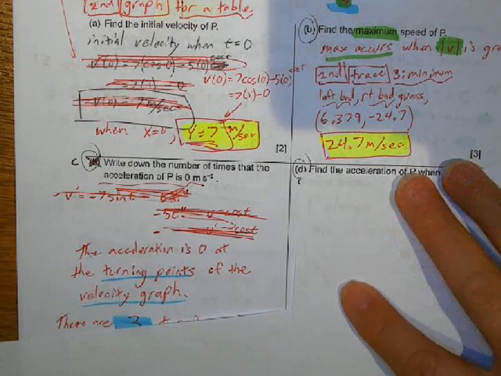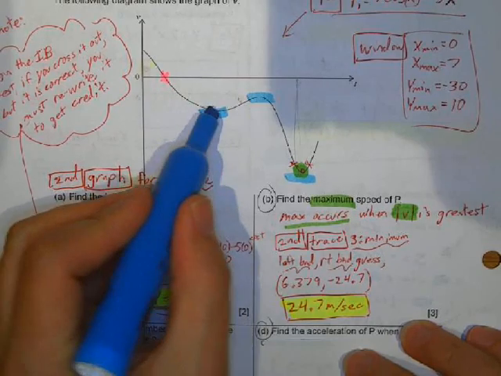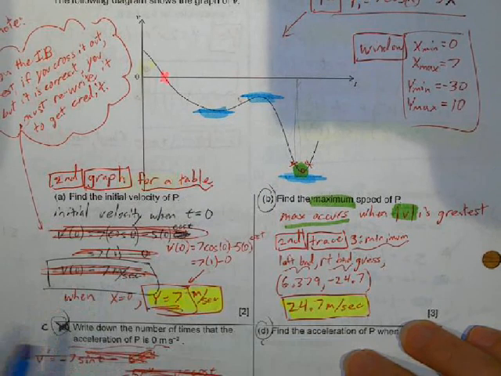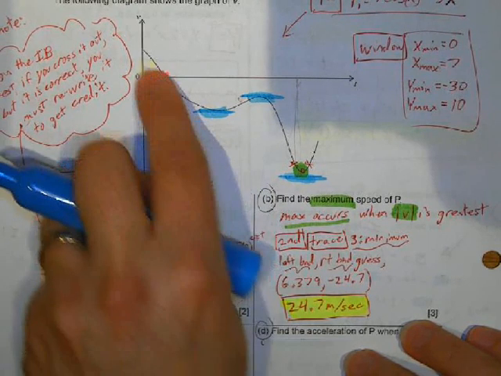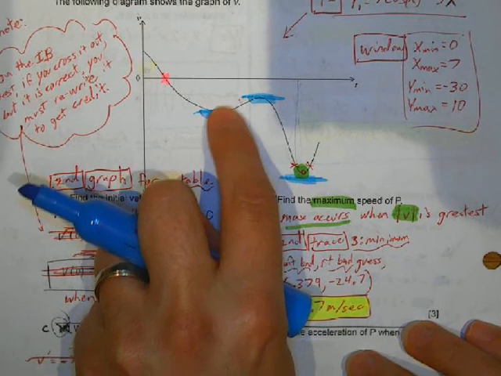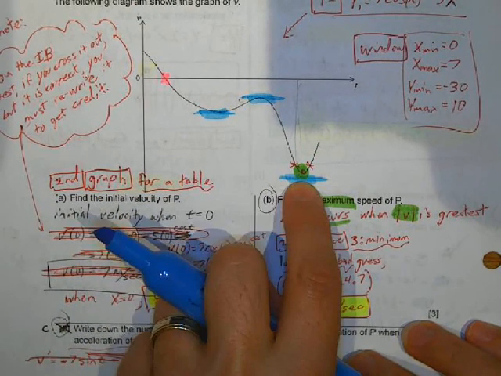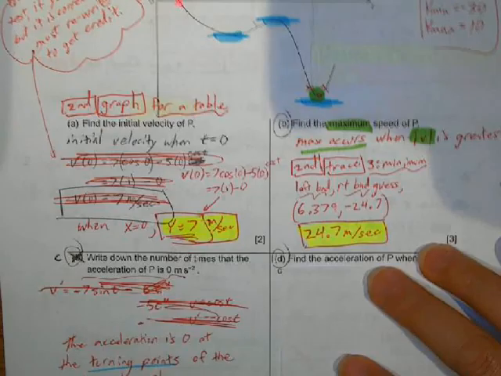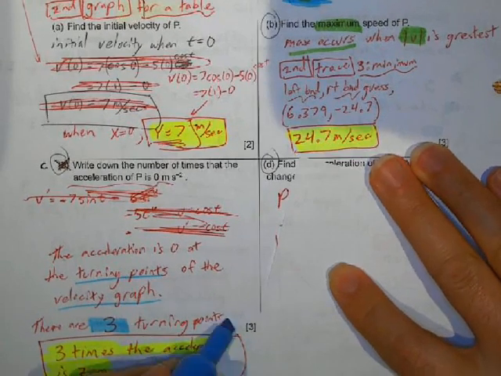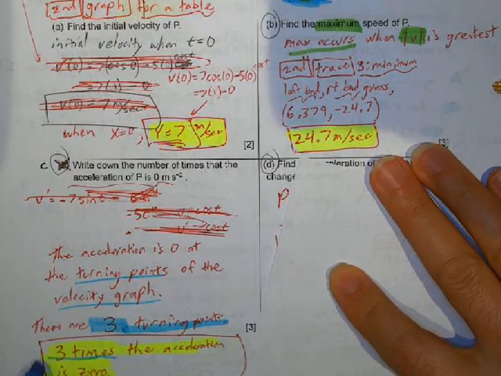So at this point here, at this point here, and at this point here, when the velocity changes, my acceleration is going to be 0 at all 3 of these points. Okay, so there are 3 turning points, so that means 3 times the acceleration is 0.